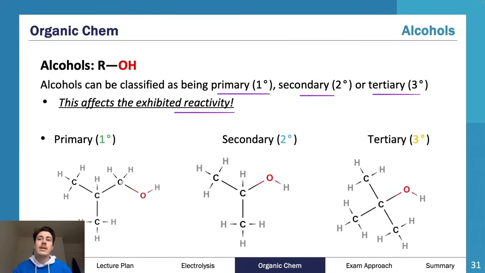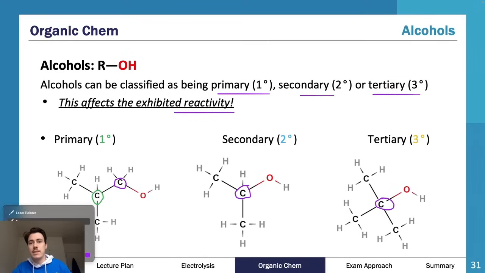Now, why? Well, if I take this carbon, and I take this carbon, and I take this carbon, each of these carbons are attached to the alcohol group, or the OH, the hydroxide group. This carbon has one carbon attached off it. This carbon has 2 carbons attached off it.